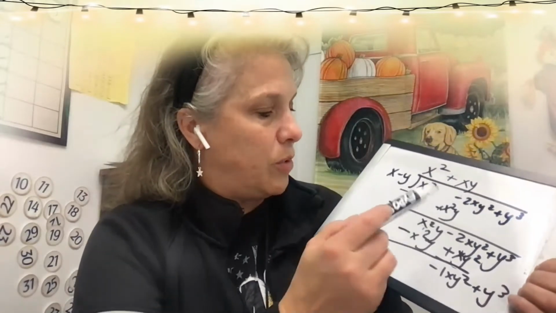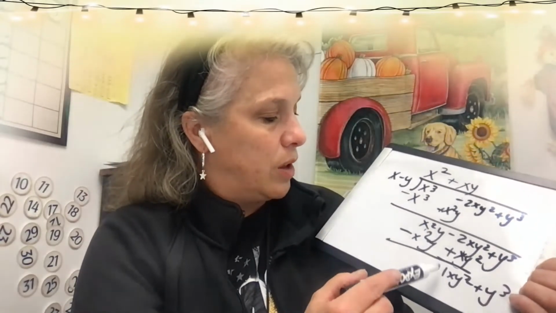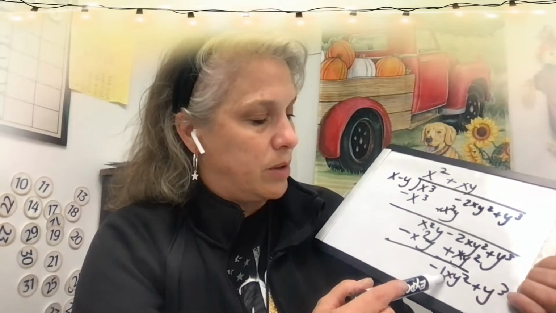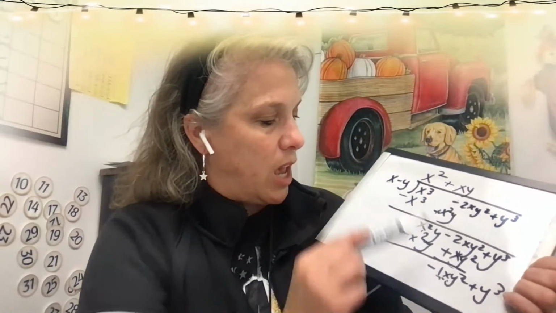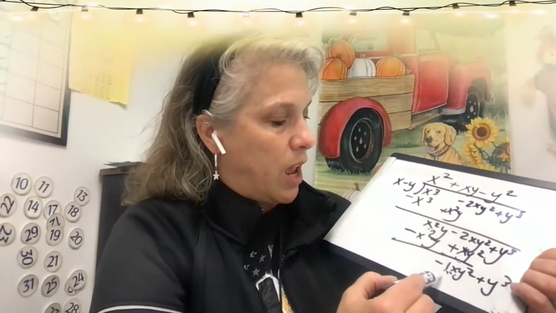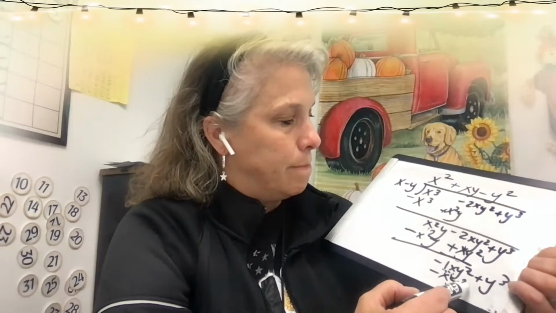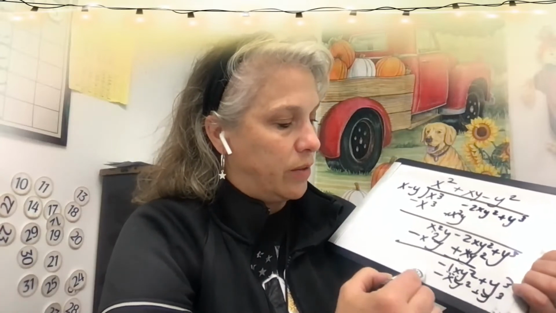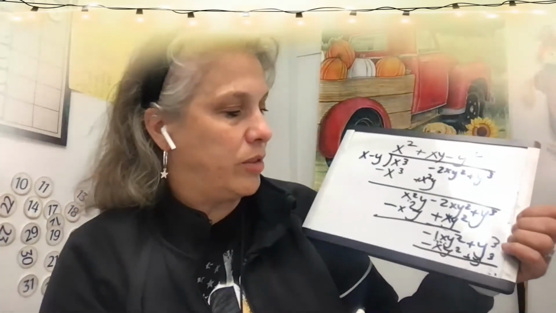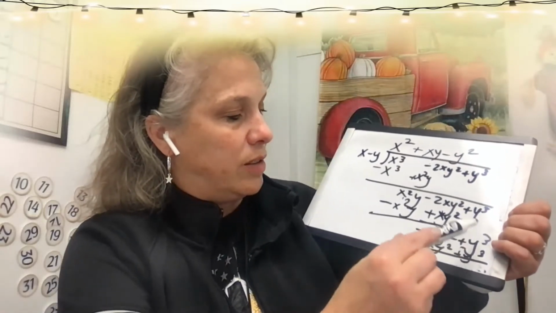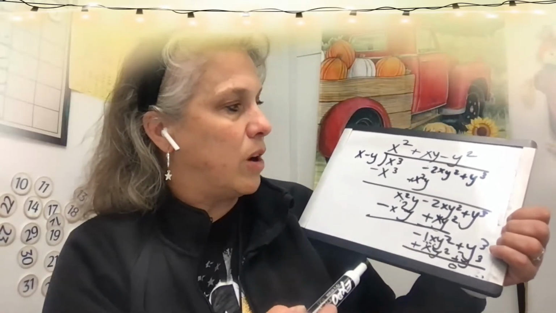And then I'm going to do what times x is going to be a negative y squared. That would give me negative xy squared plus y cubed, because a negative times a negative is positive. Now I change the signs, add them up, everything turns to 0.